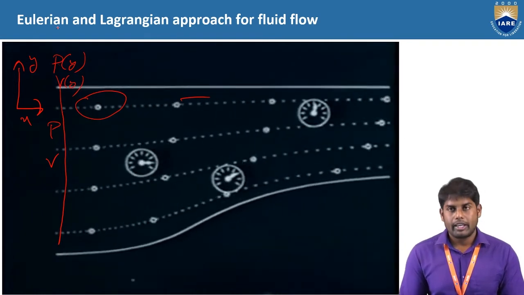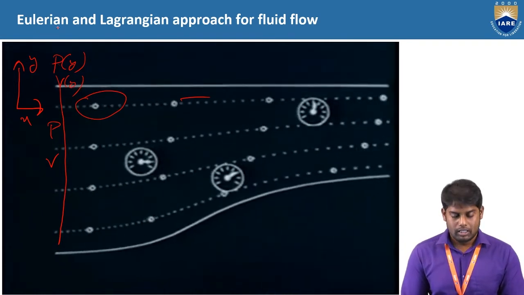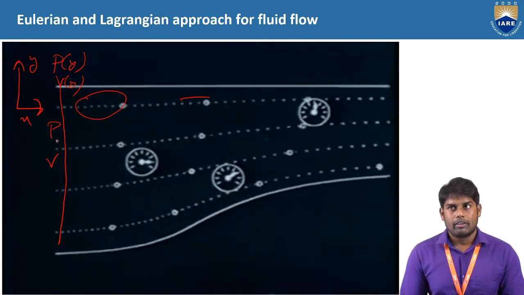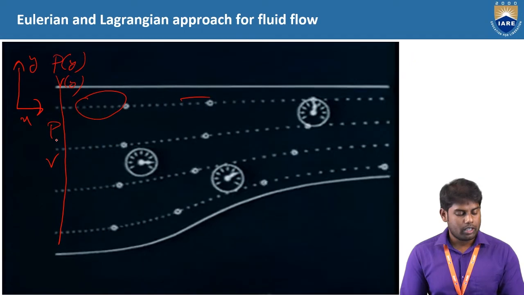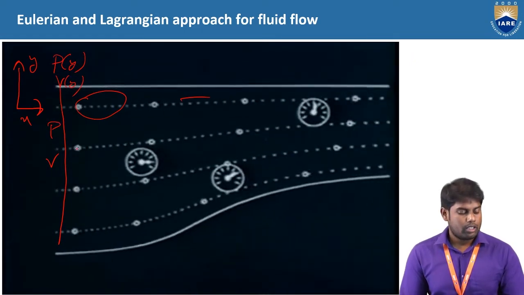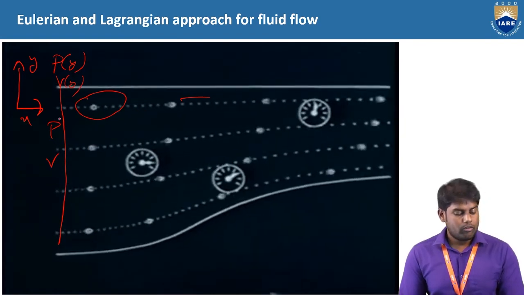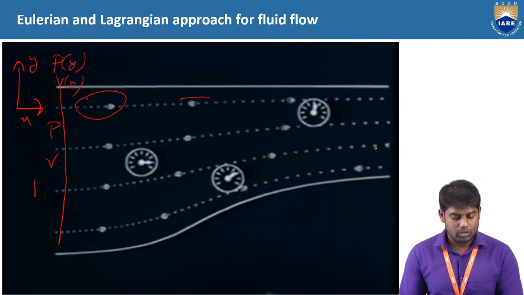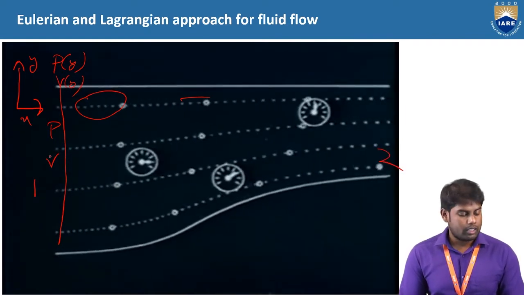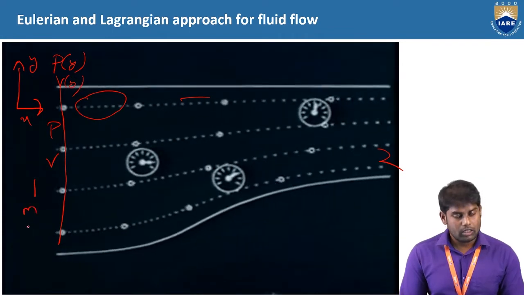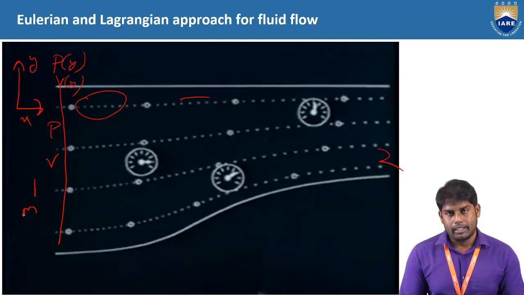So basically, in the case of the Eulerian method, the fluid is moving through a particular cross section, and you will take the average flow properties of the fluid medium. When this fluid is passing from one station to another, let's say station 1 to station 2, it carries mass, momentum and energy.